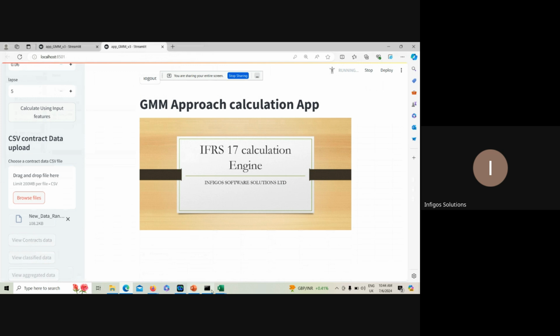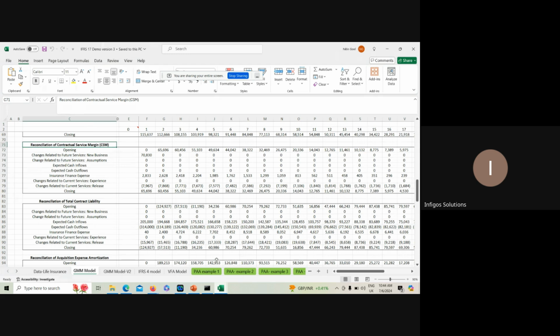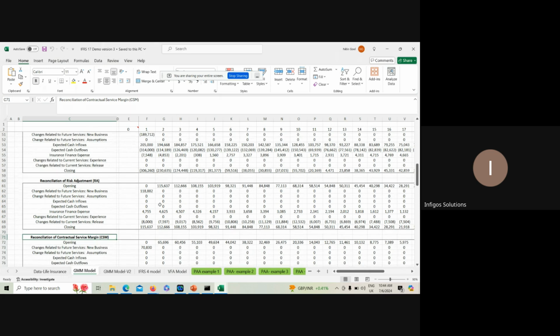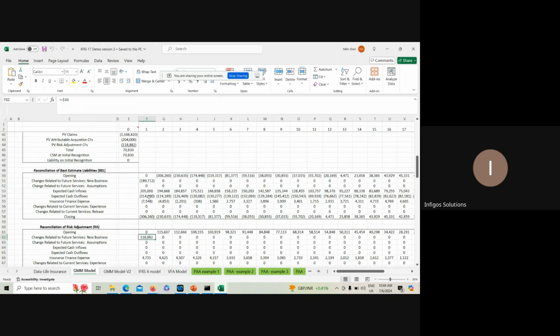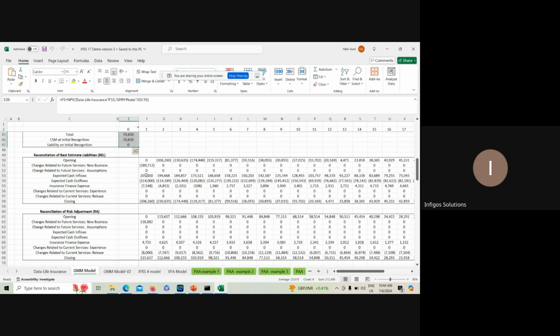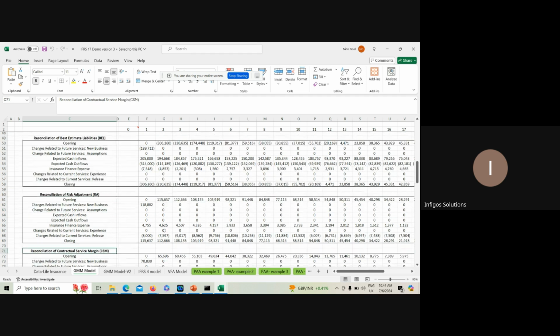Let me get into the here where I explain more. So I have told you about the risk adjustment. I have told you about the best estimation of liability. So based on these three tables, BEL, risk adjustment, and CSM are populated.